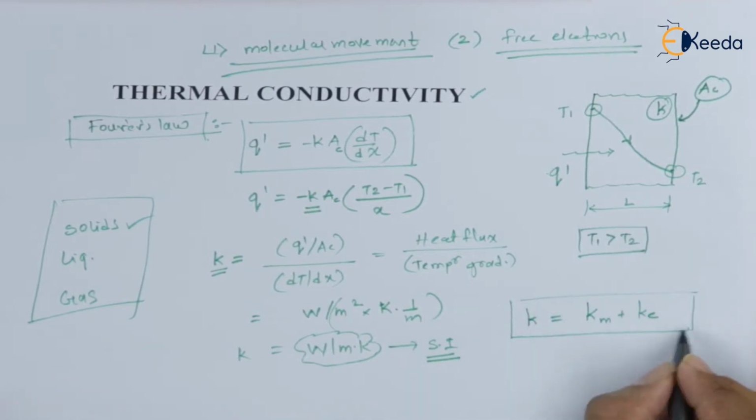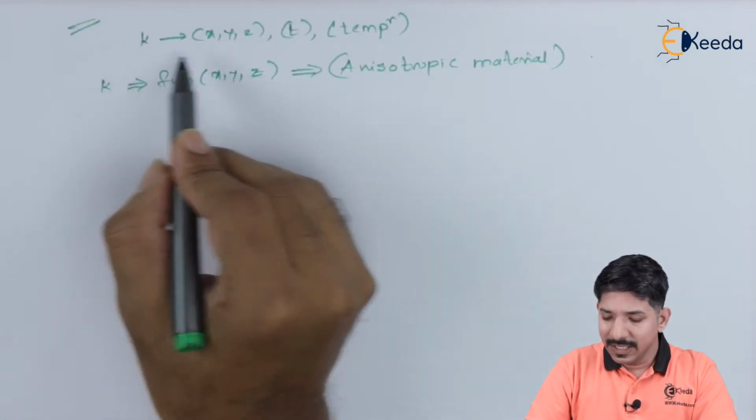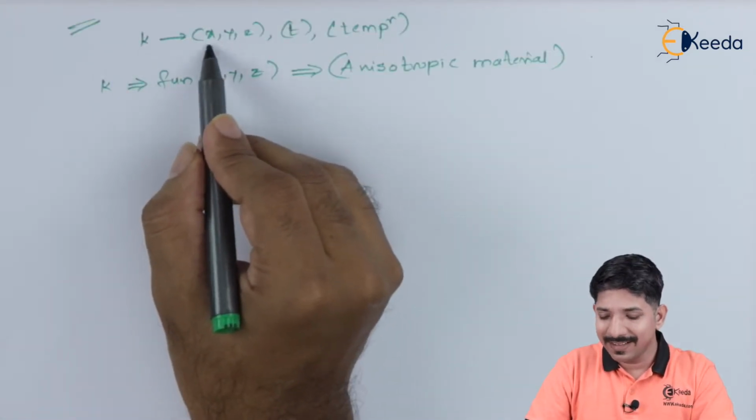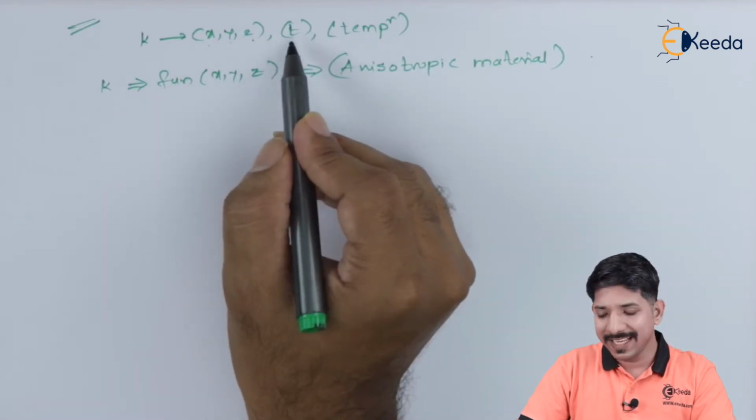So the thermal conductivity is an algebraic addition of thermal conductivity caused by the movement of molecules and the movement of free electrons. Now again, based on the type of material, if my material is metal, alloys or non-metal or some fluid, the value of conductivity may vary. This thermal conductivity can be a function of space, that is x, y and z, or it can be a function of time.